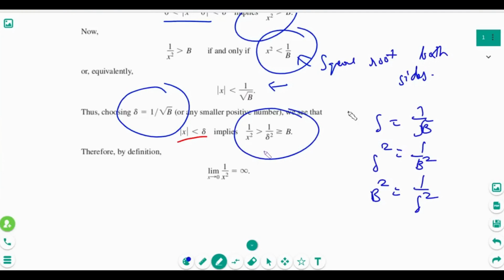Delta square is 1 by b square, or b square is 1 by delta square. So here the limit as x tends to 0 of 1 by x square is equal to infinity.